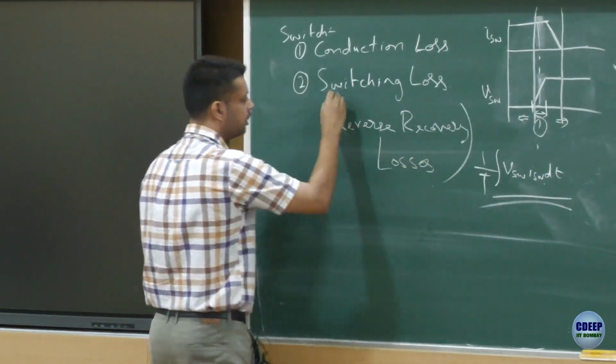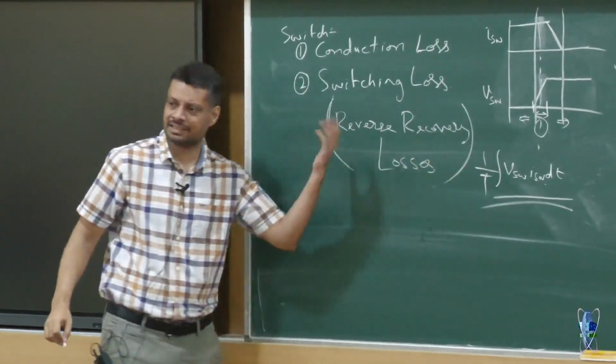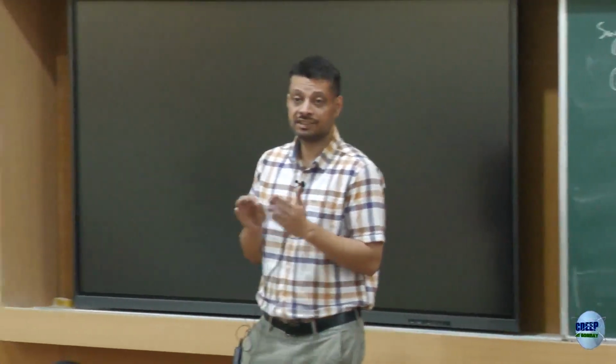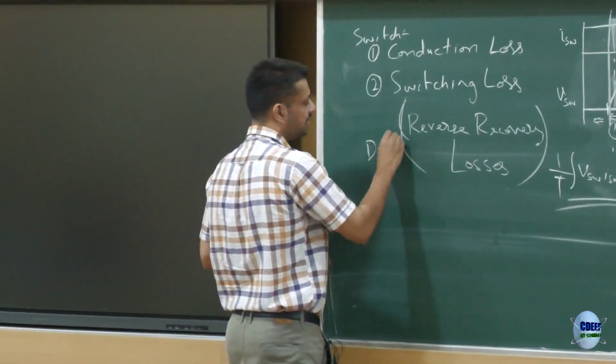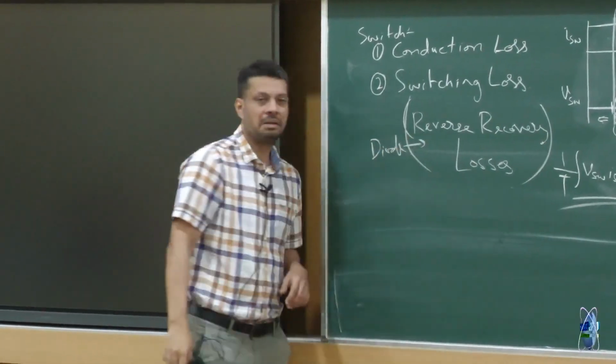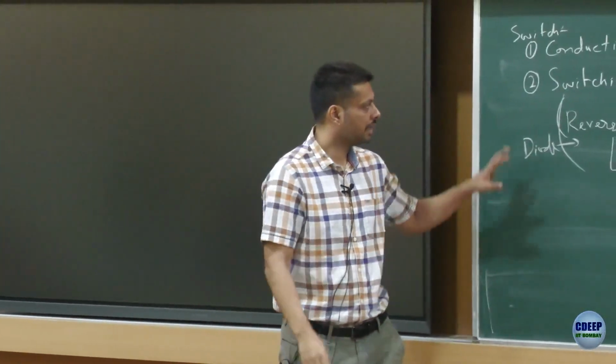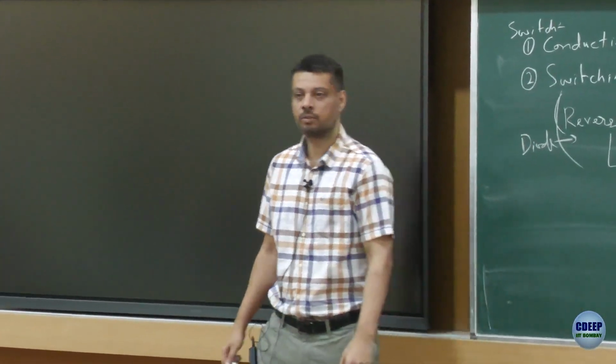But that is in a way nothing but the loss happening during the switching period, because during the switching period you will have a large current as well as large voltage overlapping. In a diode we call it a reverse recovery loss. It is a different name, a little different phenomenon, not for today, but this gives you a broad idea about what is happening in terms of losses in a switch.